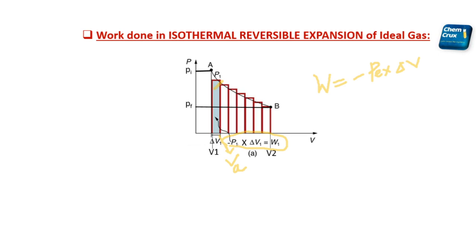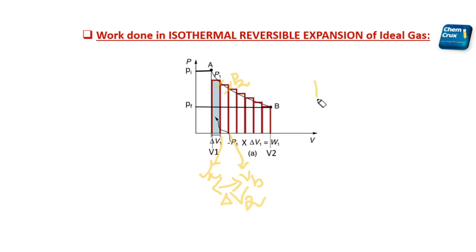Now similarly, if we need to find out the work done for the second step, we can see the pressure has decreased from P1 to say P2, and the volume has increased from VA to say VB, and the change in volume is delta V2, right?